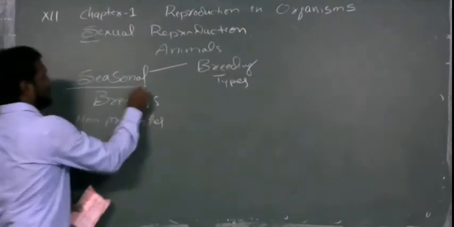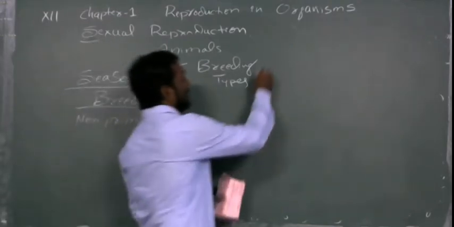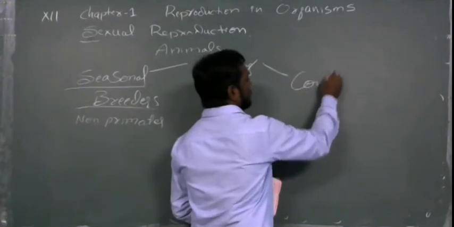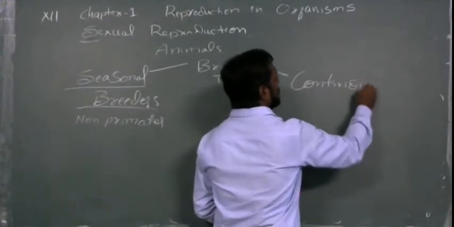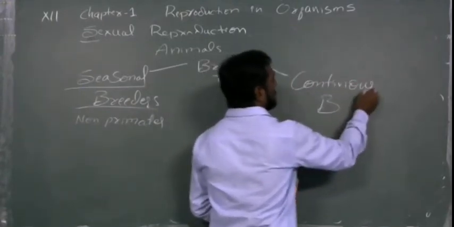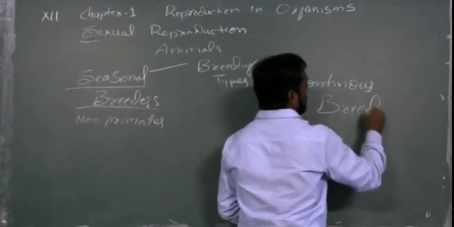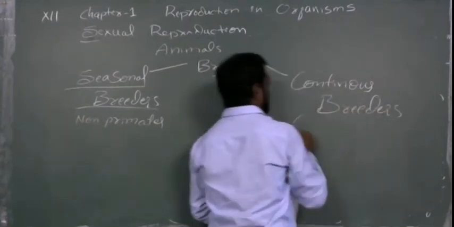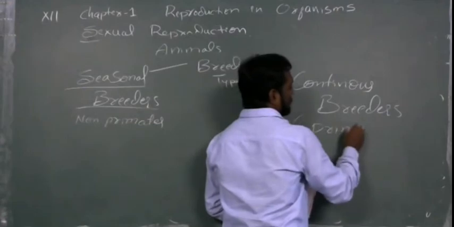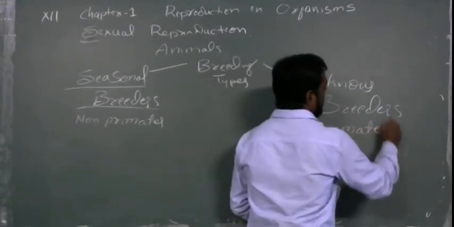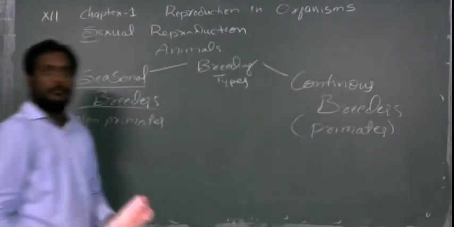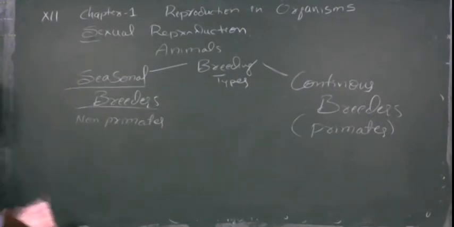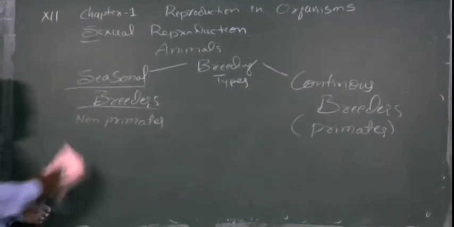Okay, clear? And some will be called continuous breeders, that is the primates. Hope you understood, clear? Now we will see the next one.